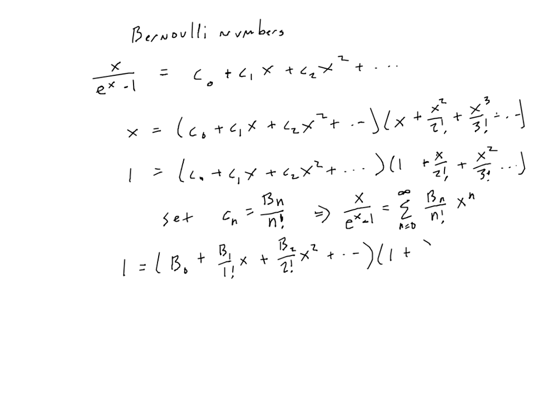And then you have 1 plus x over 2 factorial plus x squared over 3 factorial plus some other stuff. Okay, now what happens is you equate the powers of x as you multiply this out. And you can see, for example, on the left-hand side you have 1, and then you get b0 times 1 is the only way to get something with no powers of x, so that's b0.